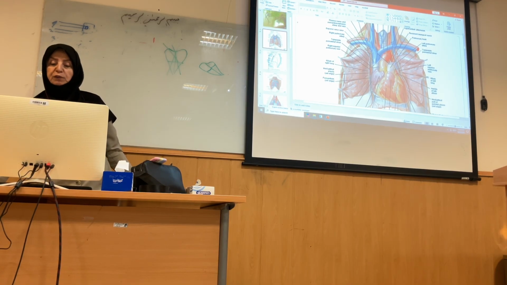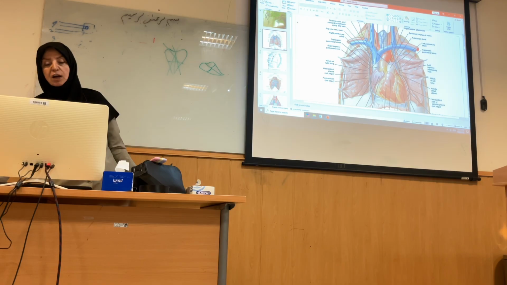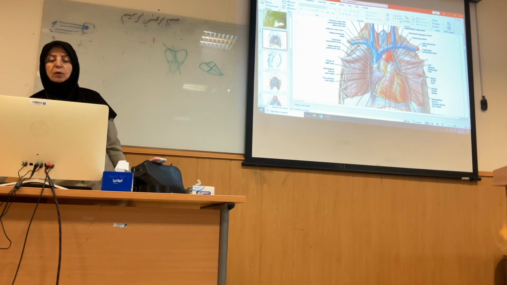Also, I removed the covering sheet of the heart, the pericardium, to be able to show you the heart. Here is the apex on the left side, and the base is back on the right side. Right atrium, right ventricle, left atrium, left ventricle.